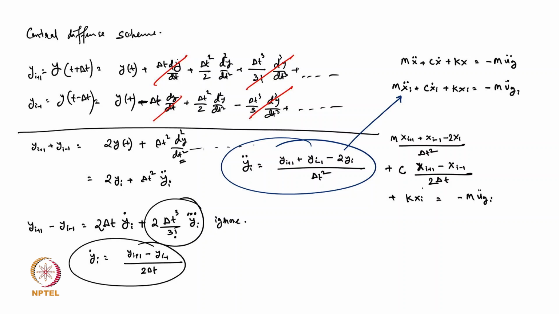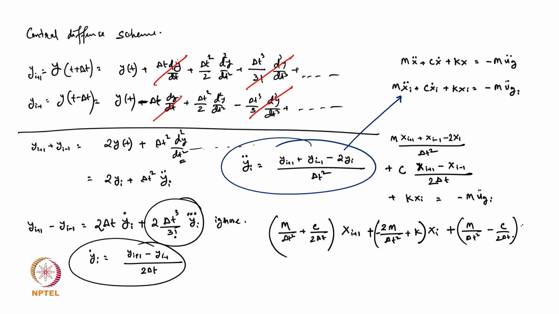Now if I take all the xi plus 1, xi and xi minus 1 terms: m by delta t square plus c divided by 2 delta t into xi plus 1, plus k minus 2m by delta t square into xi, plus m by delta t square minus c by 2 delta t into xi minus 1, is equal to minus m u_g double dot i.